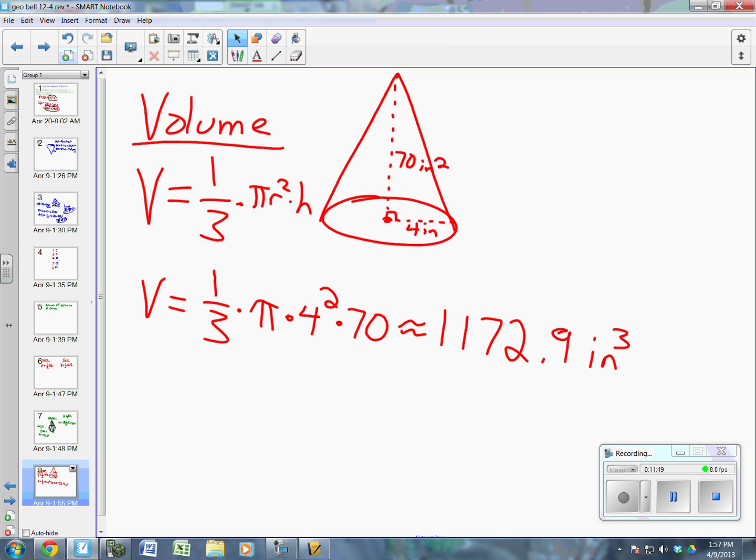Volume, cubed. Don't forget, you guys, when we're talking about volume, we're talking about cubic space. We've got 3 dimensions: length, width, and height. How many cubes fit in it? So we're talking about how much space there is. Okay, those are the 2 things. Do you think you can handle that?